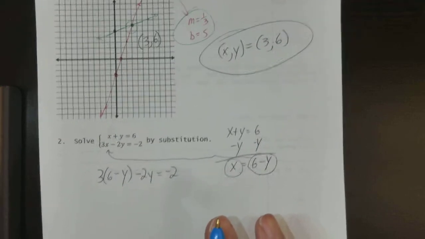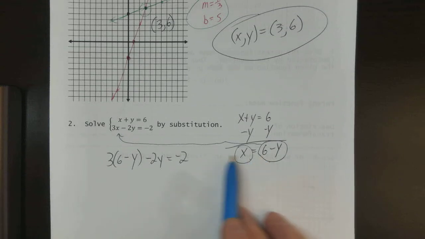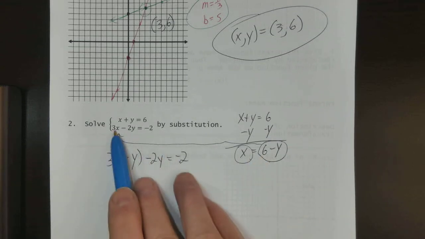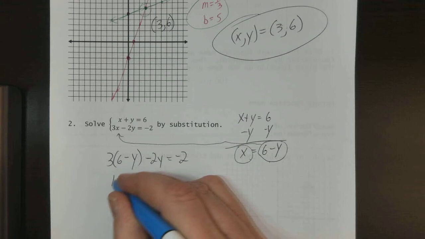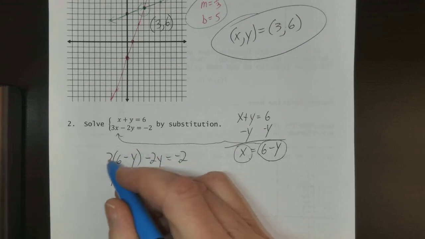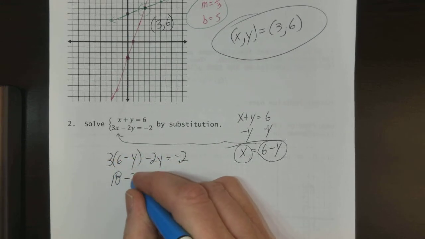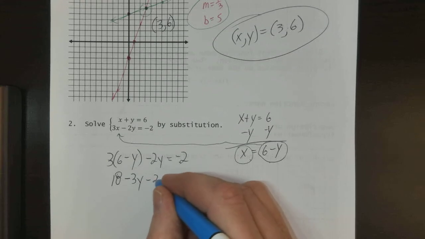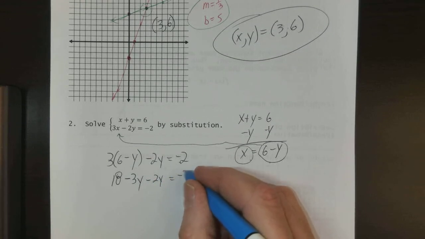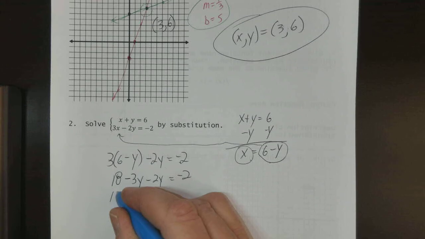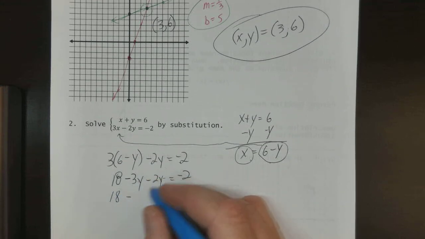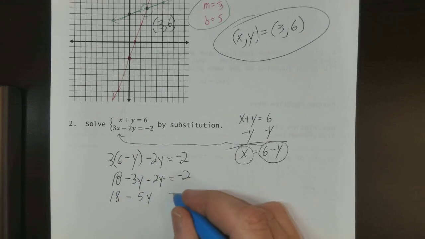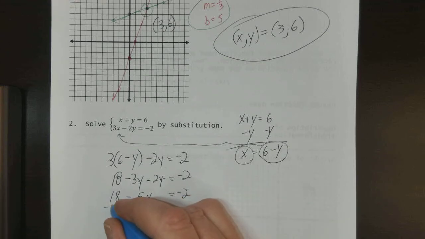Doing this lets us get it down to just y's, not x's and y's in the same equation, which means we can solve it. 3 times 6 is 18, minus 3 times y minus 2y equals negative 2. So that is 18 minus 5y equals negative 2.